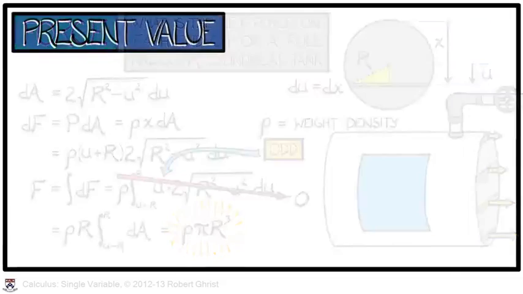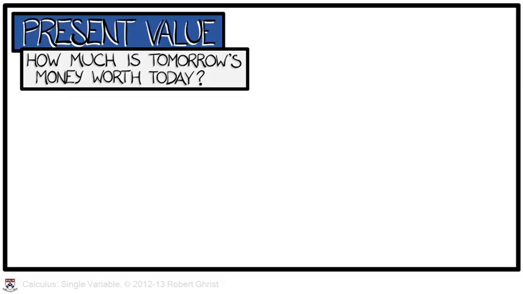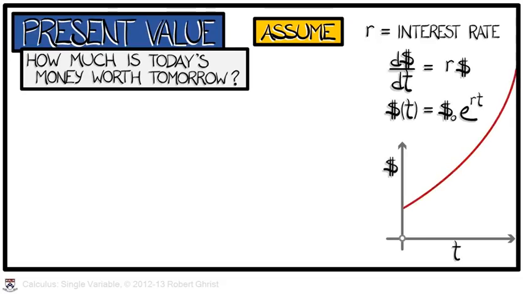r cubed. Let's turn to a financial example, the concept of present value, namely, how much is tomorrow's money worth today? We can answer that if we reverse the question, because if we assume a fixed interest rate of r and continuously compounded investment, then we know from our work on simple differential equations that money grows exponentially with an exponent depending on r, the interest rate.